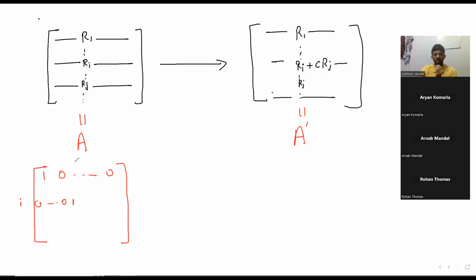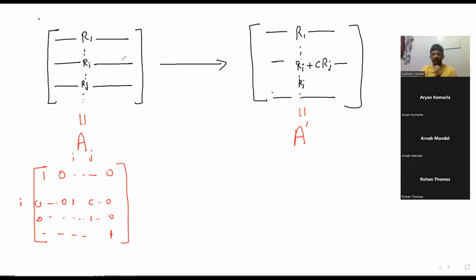The ith column is as it is, but in the jth column also there is a new thing. There is a C. Yeah, we have to do some examples. Don't worry.